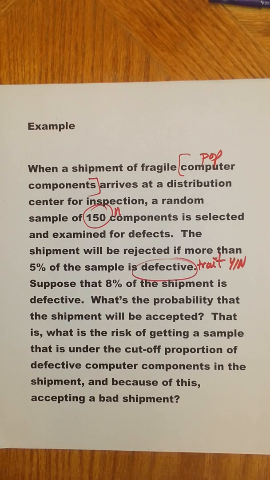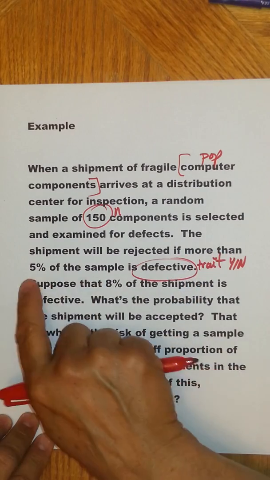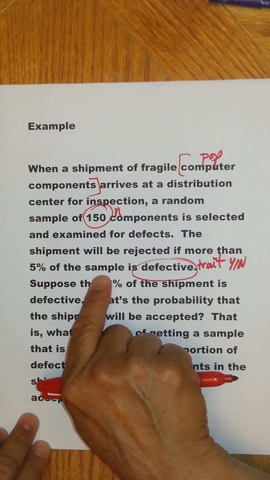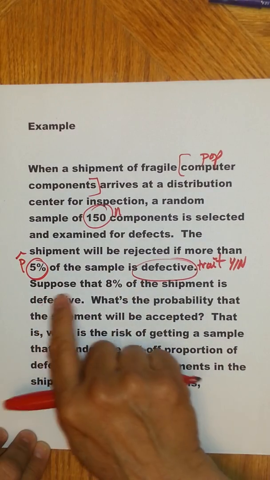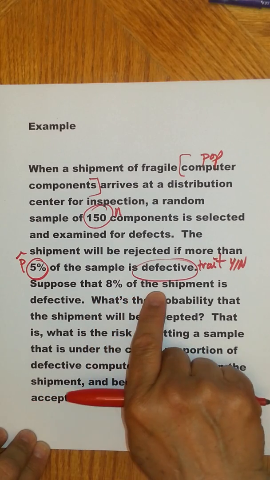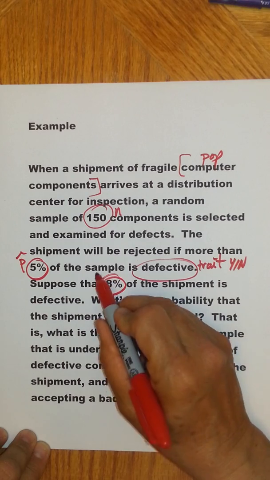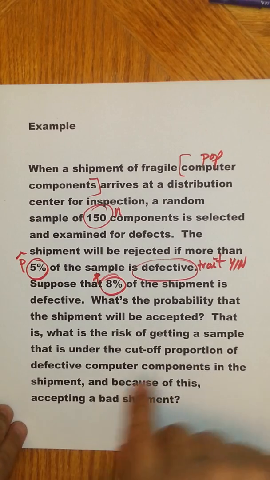All right, so here, if you see, it says no if more than 5% of the sample, so 5% is associated with the sample, 5% is P hat. Now we're saying that suppose that 8% of the understood entire shipment is defective. That's P, okay? Now, let's take a look then at what they're asking.